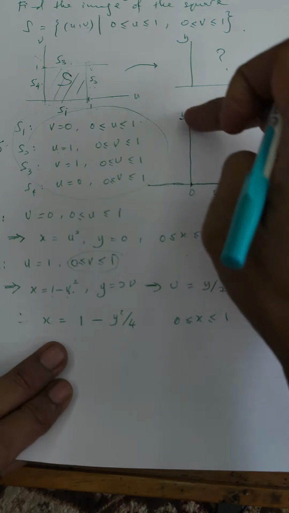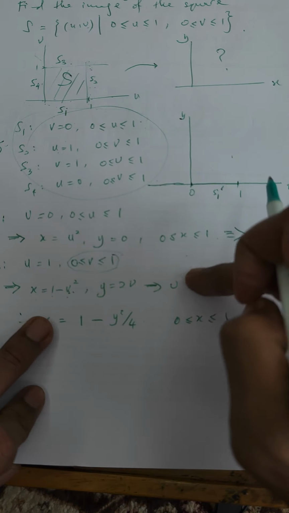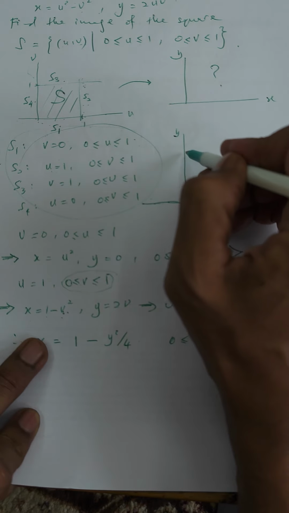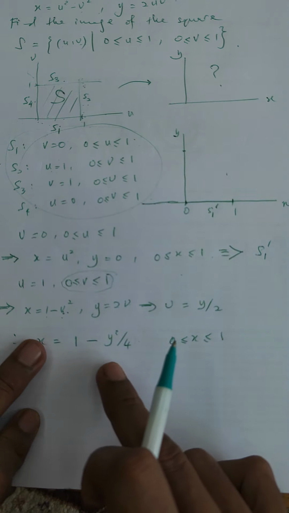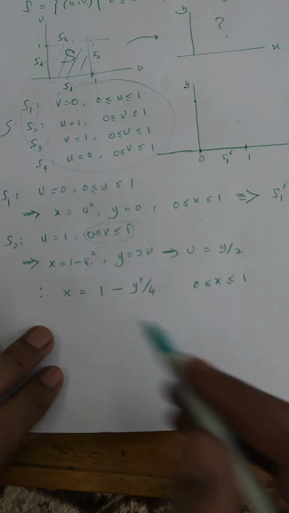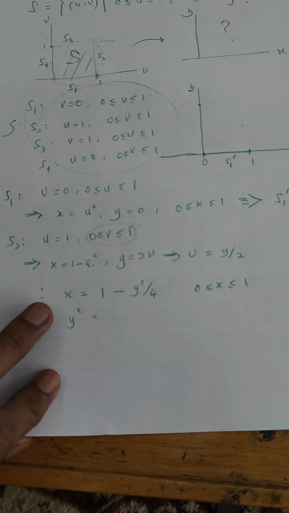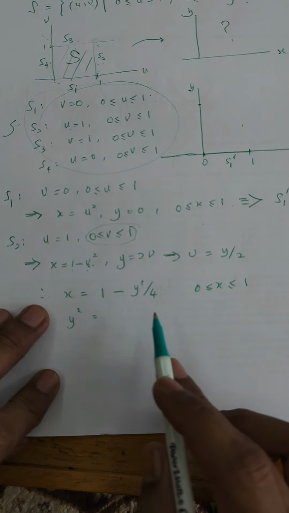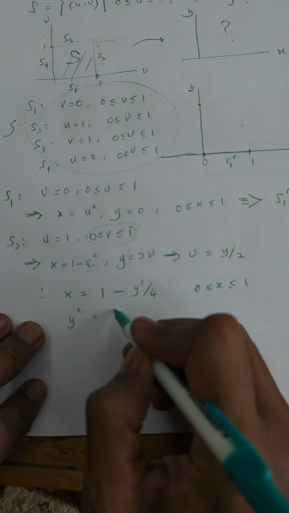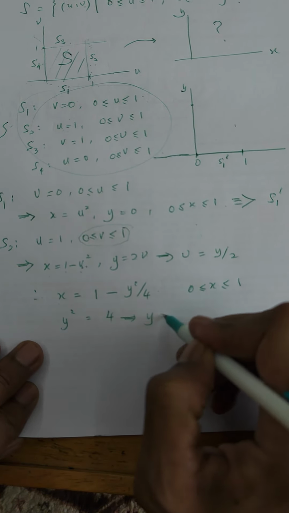When X is 0, you get Y equal to plus or minus 2.